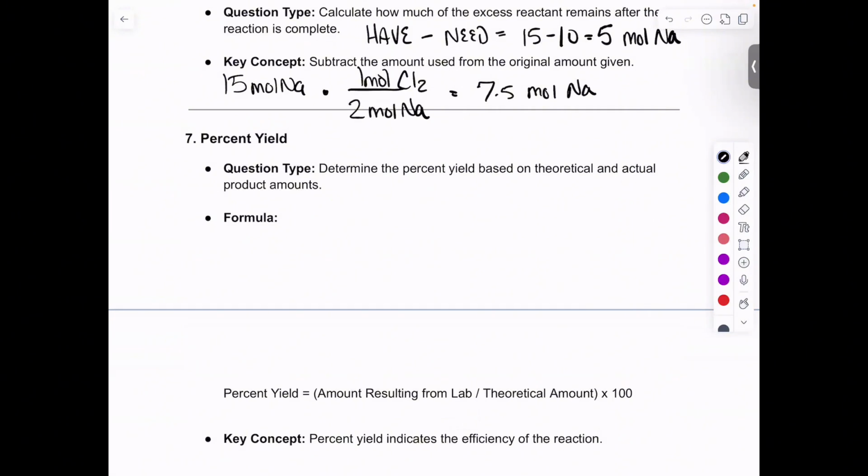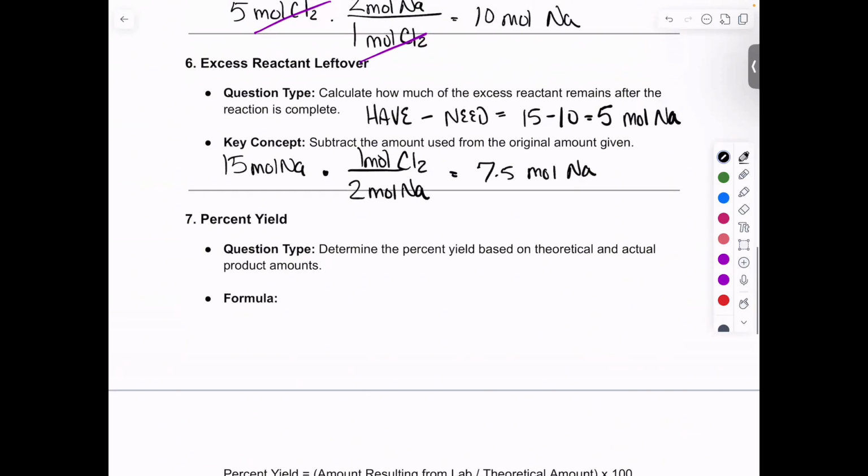They'll give you a reaction and say, hey, we ran this in the lab and we have this much product. What is our percent yield? You would need to go through these steps to figure out how much I should theoretically get of my product. So I've only determined what the limiting reactant is and how much I'll have left over of the excess reactant, but I need to find out the product.